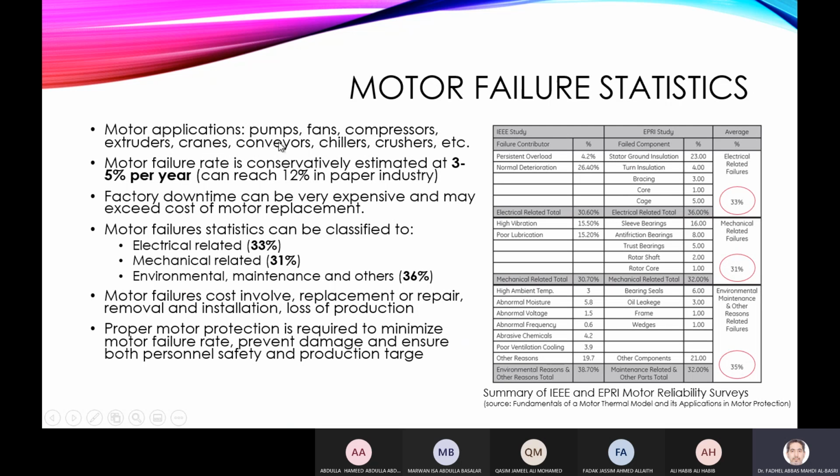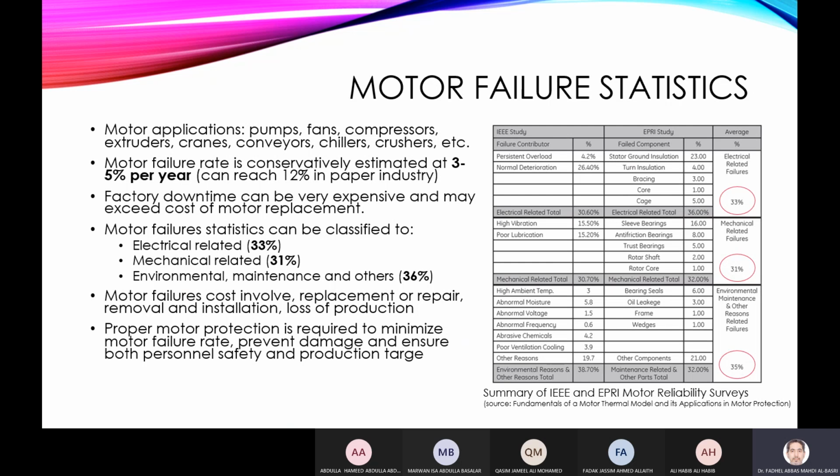We use them for pumps, fans or compressors, or we can use them in cranes and conveyors, chillers, which is AC chillers, crushers, so many applications.